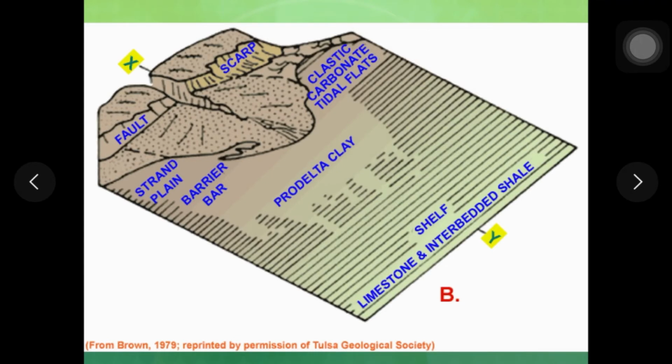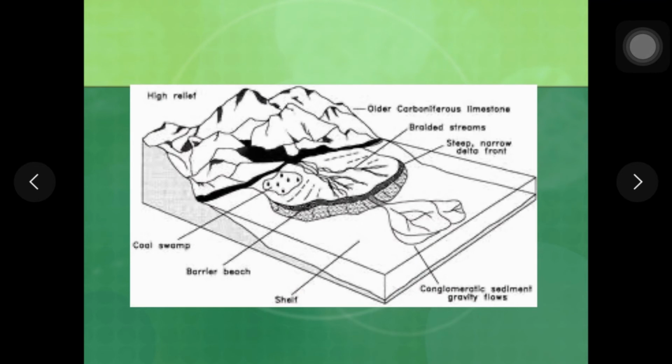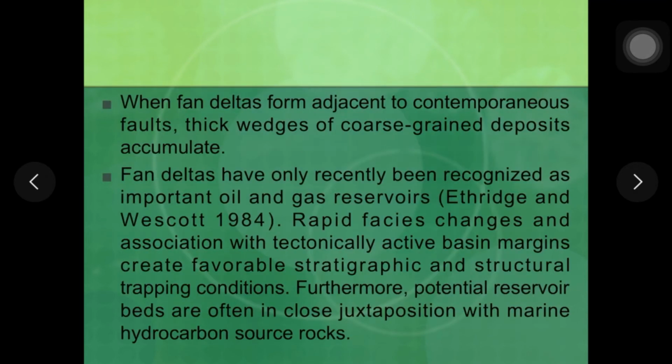Now this is again the diagrammatic representation of a fan delta. Same thing again. These are recently found to be containing oil and gas. Recent studies have shown that there are petroleum reservoirs which can be extracted economically, and the importance of fan delta deposits of Holocene age has just been realized in recent time.